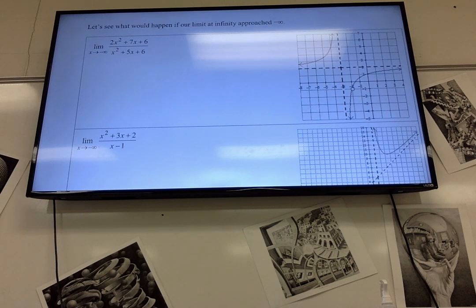Okay. So now we're going to talk about, well, what if it approached negative infinity? Then you do the same thing, just the other direction. Well, it's 2. So, on this top one, the limit as x approaches negative infinity just means I'm approaching that horizontal asymptote from here, but that's still going to be 2.